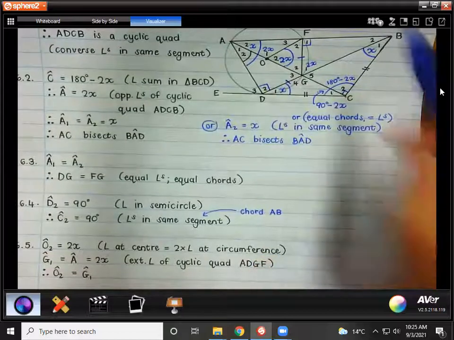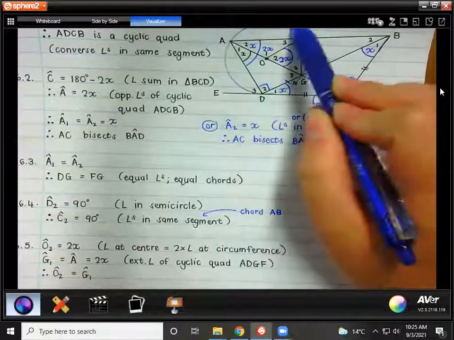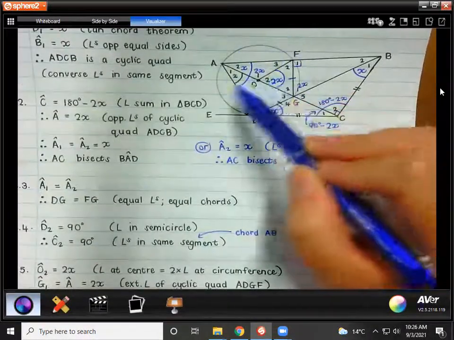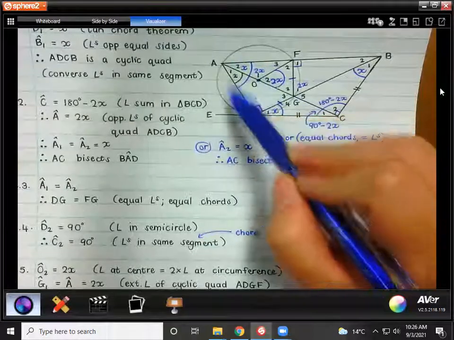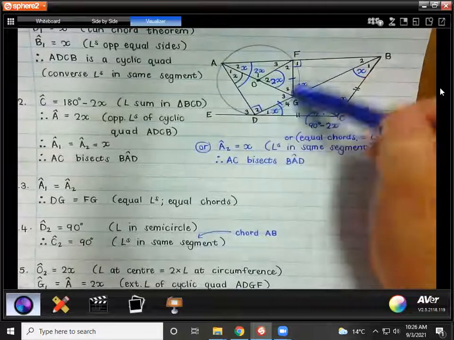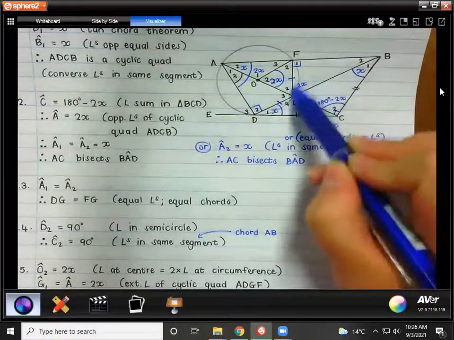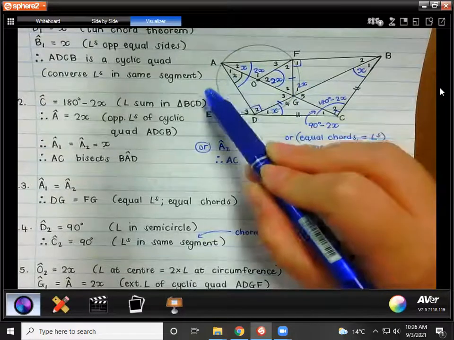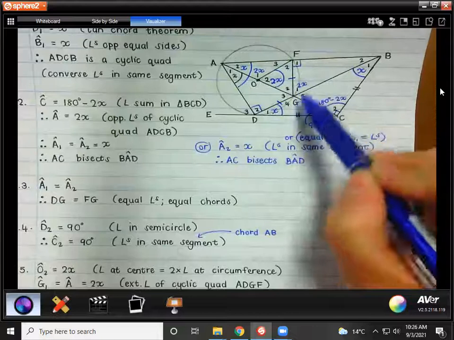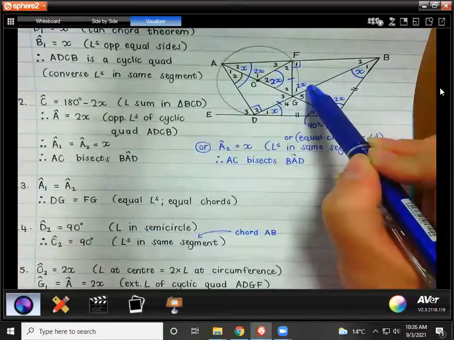Then I looked at this cyclic quad, which we actually haven't used a lot or at all, really. The obvious cyclic quad, the one that is drawn with all 4 points on the circumference. We haven't actually worked with that one as a cyclic quad. G1 is an exterior angle of this cyclic quad, right? Because one of the sides is lengthened, and then it's the angle at the outside.